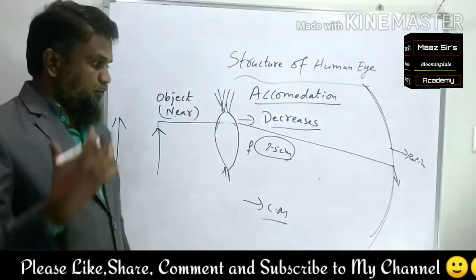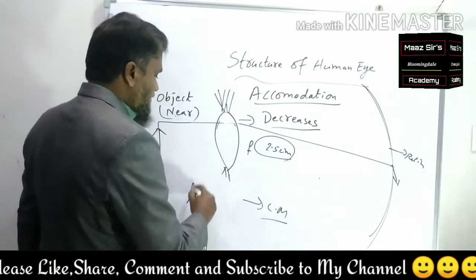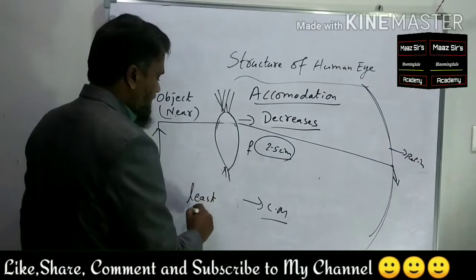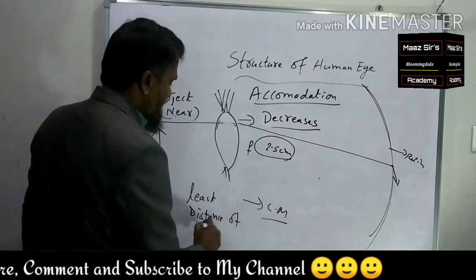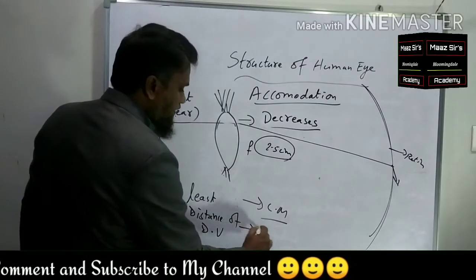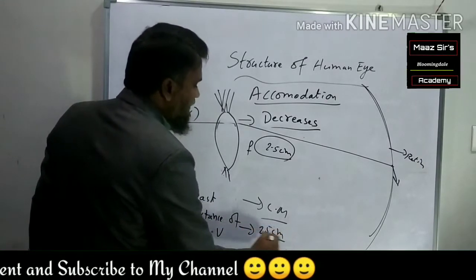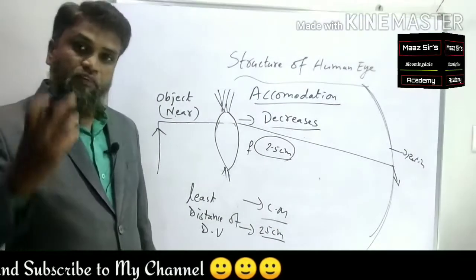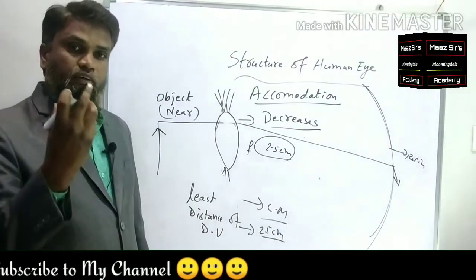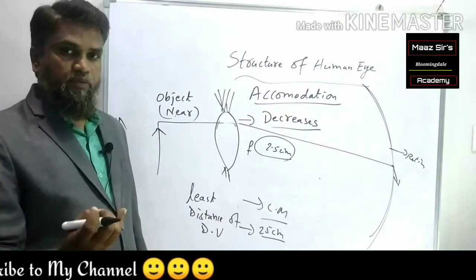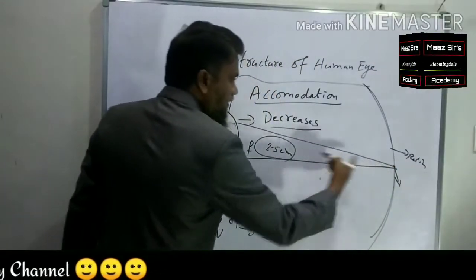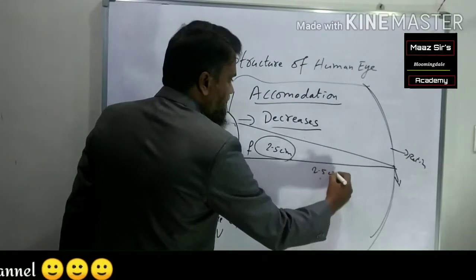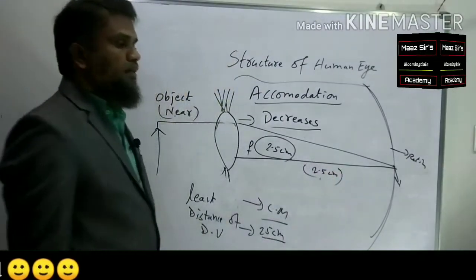Is it clear? So that's why we discussed the least distance of distinct vision. What is the value? 25 centimeter. Why? Because the focal length is 2.5 centimeter. Apart from that, the distance between the lens and the retina is also 2.5 centimeter.